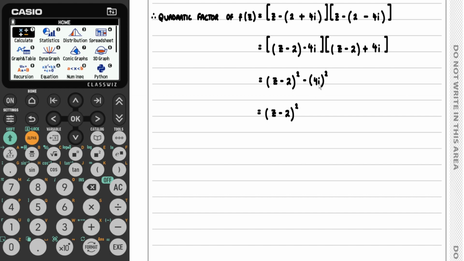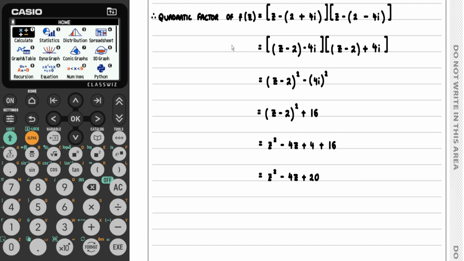So that will be 16 times negative 1, which is negative 16. And we have this minus here, so minus negative 16 is positive 16. (z subtract 2) squared is z squared subtract 4z plus 4, and then we add on this 16. So we have z squared subtract 4z plus 20. This is the quadratic factor of f(z).